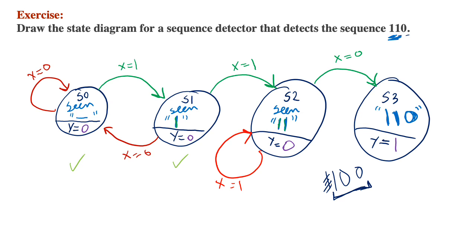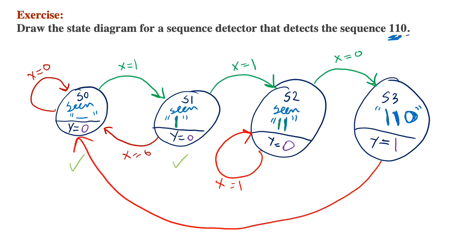I will check first if there is any state that says 1 0 0. There's nothing. Now what about 0 0? Is there any state that says 0 0? The answer is no, so I will cross the 0. Next, I will check if there is any state that says 0. There is no state that says that, so I will cross the 0. I'll be left with nothing. So that means if I am in state 3 and I receive a 0, I'm going to go to state 0.